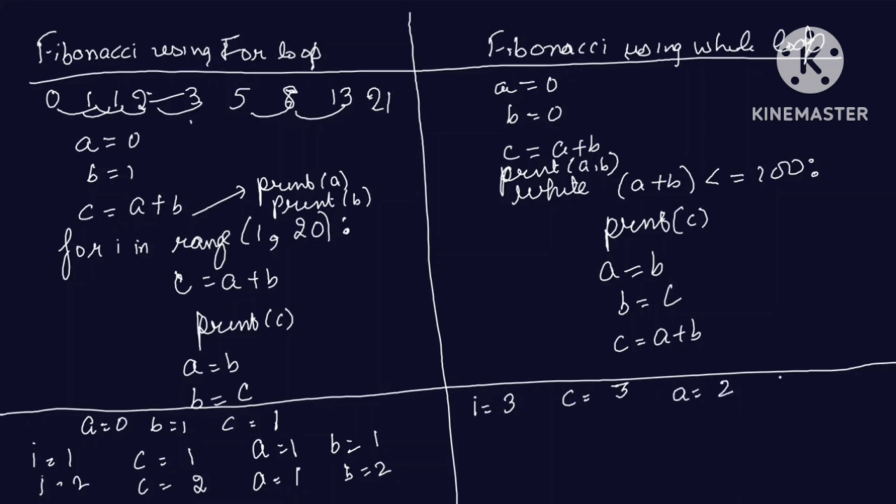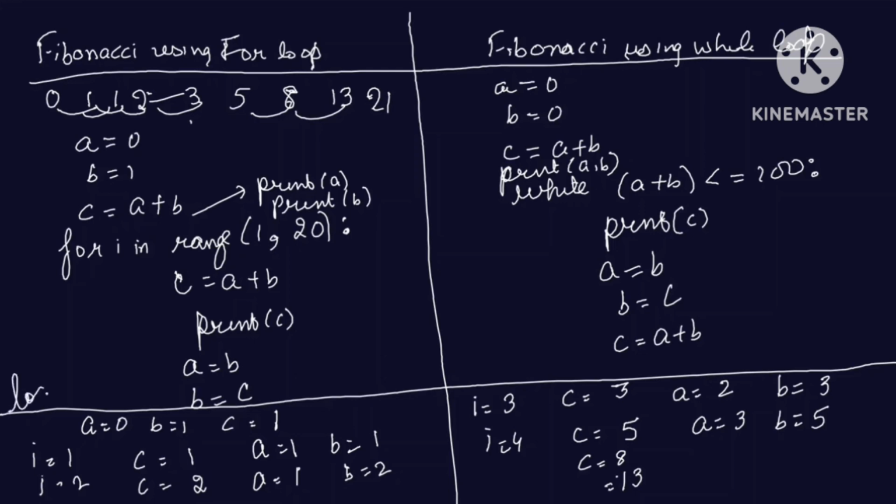When i is equal to 3, c is equal to 3. The third time the loop is executing, a is equal to 2, b is equal to 3. When i is equal to 4, c is equal to 3 plus 2, a plus b, 5. The a value will be 3 and the b value will be 5. So 5 plus 3 is 8. Like that the logic will work.